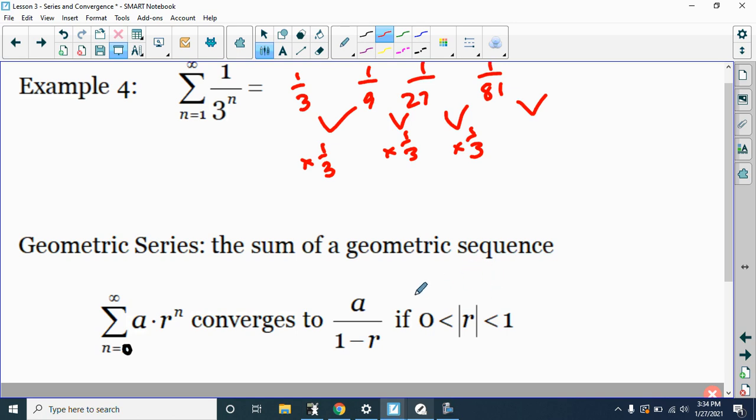So it needs to be between -1 and +1. A is always going to be the first term. Notice if n starts at 0, if you plug in 0, you get A times 1. So that's the first term. Don't worry about this starting at 0. I would just remember it's the first term over 1 minus R. R is the common ratio.